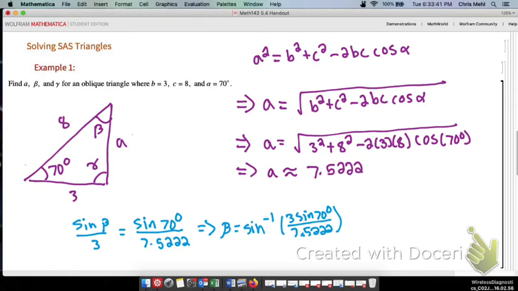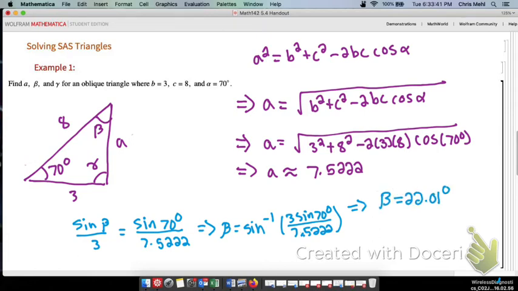So now beta is approximately 22.01 degrees. Okay, so beta is 22.01 degrees.